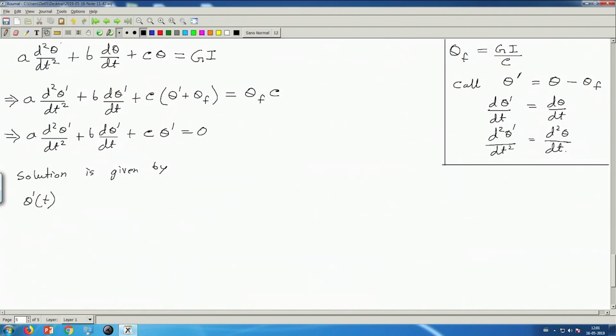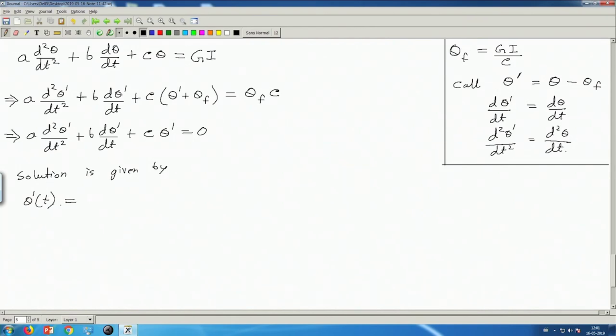Okay. So, everywhere here I can write theta as a function of t, theta prime also function of t, but I am not doing it for clarity of writing. I do not want to make it clumsy. Okay. So, here also you can write this is also function of t, this is also function of t. Theta f is constant, final value of theta is a constant.